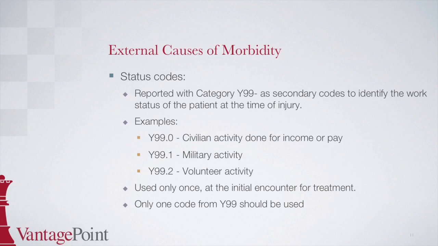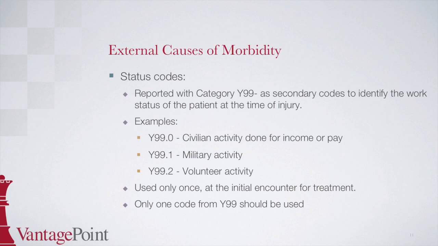If applicable, you would also assign a code for the status of the patient when the injury occurred from category Y99. For example, Y99.0 is for civilian activity done for income or pay. This is especially applicable to workers' compensation claims. The patient was working at their job when the injury occurred.